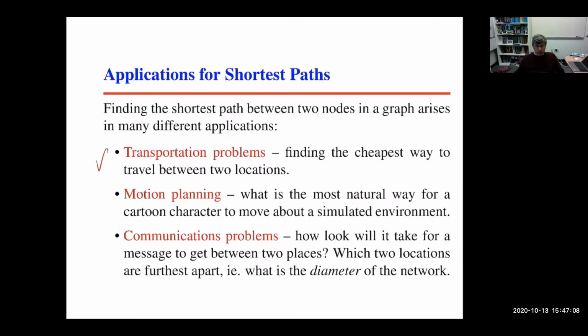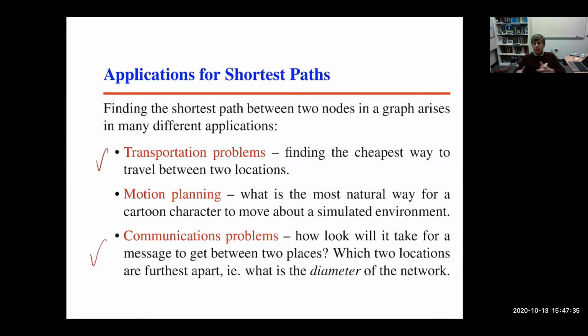But there's a lot of other problems where finding the shortest path between two nodes in a graph is kind of important. When you have an internet routing thing, let's say you have a communications network. Ideally, you'd like to send data from one node to another node in the network.